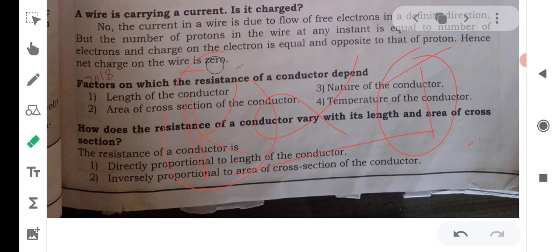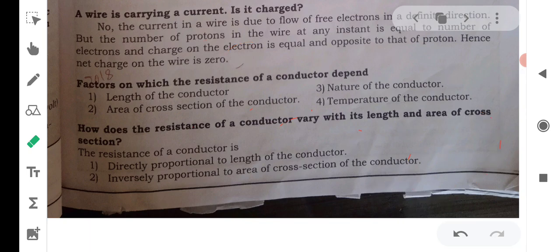But in case of semiconductors, it is inversely proportional. In case of semiconductors, R is proportional to 1 by T. Temperature increases means resistance will decrease, or temperature decreases means resistance will increase. So remember again, same thing, two questions are there, we will discuss those questions.